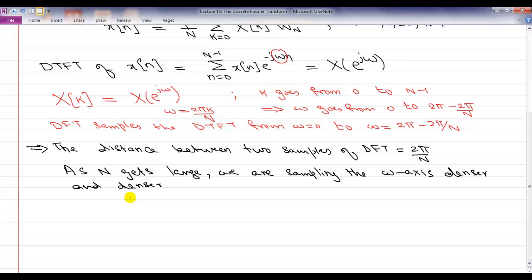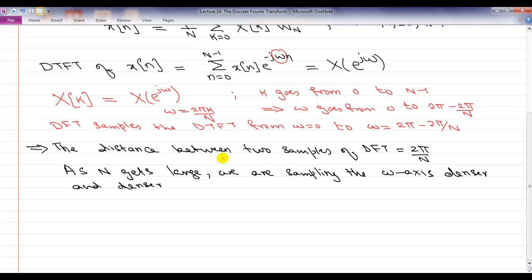So what this means is that the DFT, even though we can't really recover the entire DTFT, because that would require us to process the signal for every little omega from 0 to 2 pi, what we can do is sample these values at multiples of 2 pi over N, and that is what the DFT provides us: samples of the DTFT from 0 to 2 pi.